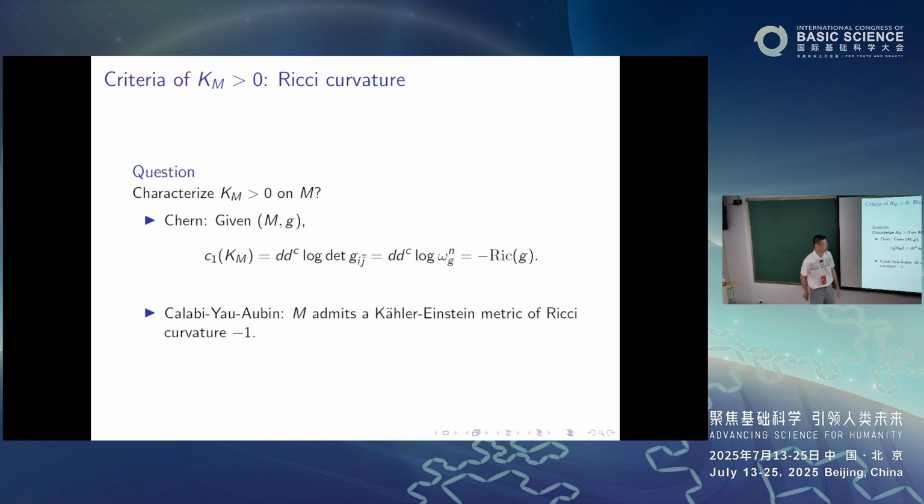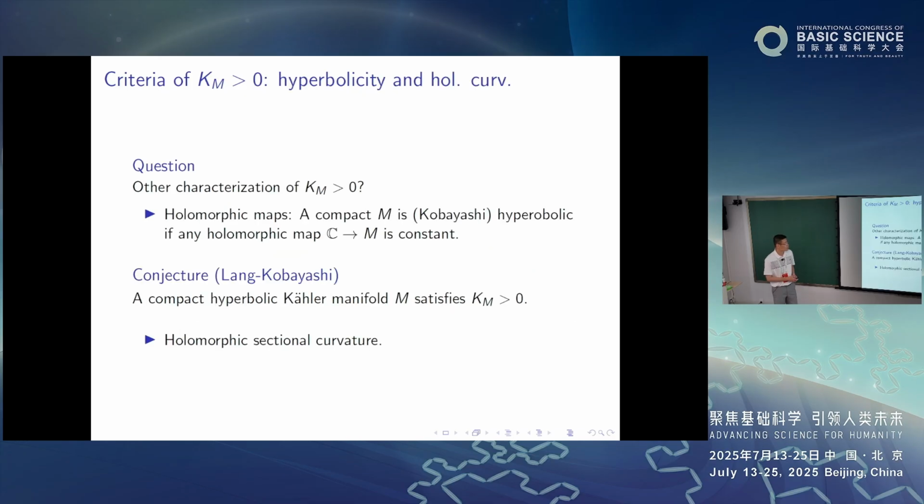So one characterization is the Ricci curvature: if you have a negative Ricci curvature, then K_M is positive. The question is, do you have other criteria for K_M positive?